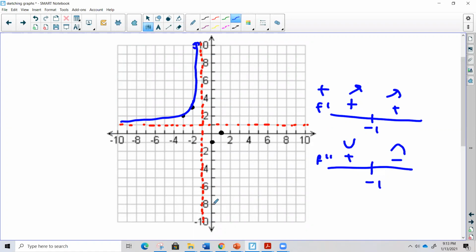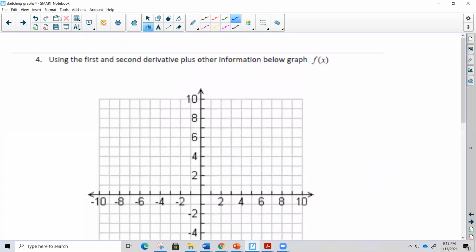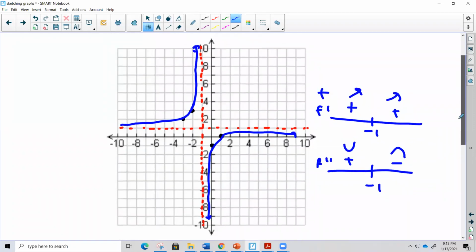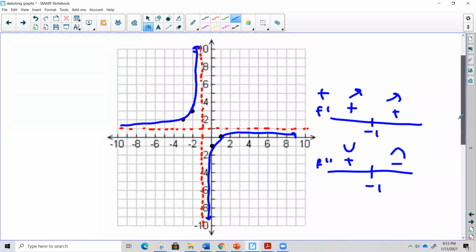So the same thing here, because it's increasing and it has to go through these points, it would start down here along this asymptote and increase and come up to these points. And then again, I'm curved down because they said concave down. So it looked like this. Just to make sure that you can see what it looks like before I move on. So this is the graph of this function.